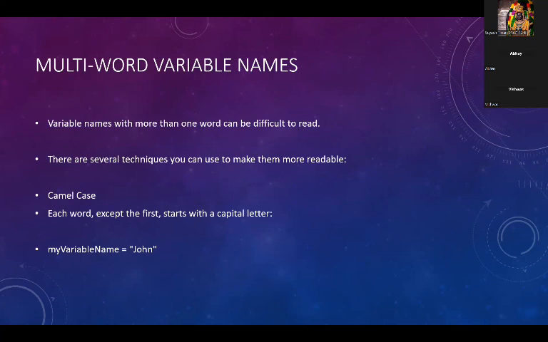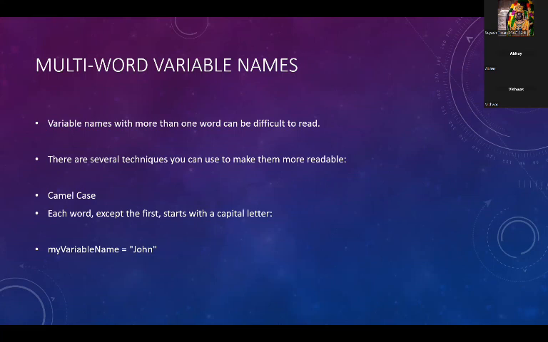Multi-word variable names. Variable names with more than one word can be difficult to read, so there are several techniques we can use to make them more readable. There are certain cases we use to make multi-word variable names more readable. The first is camel case, where each word except the first starts with a capital letter.